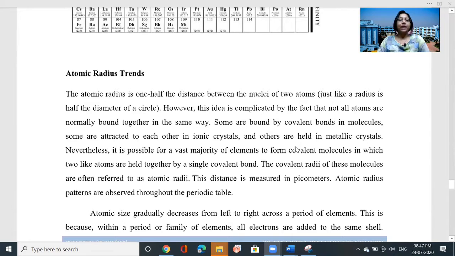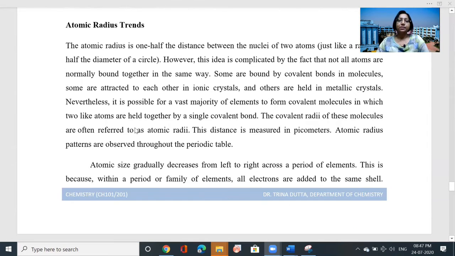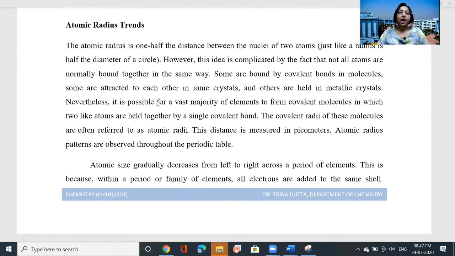Next is the atomic radius trends. The atomic radius is one half the distance between the nuclei of two atoms, just like a radius is half the diameter of a circle. However, this idea is complicated by the fact that not all atoms are normally bound together in the same way.